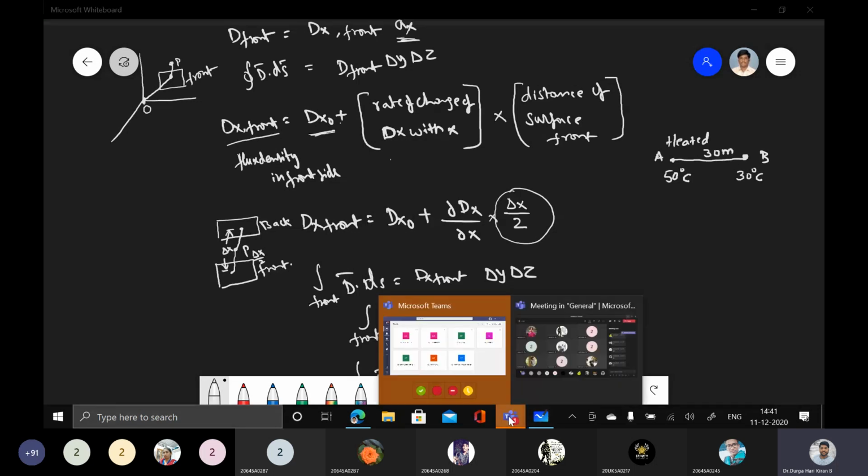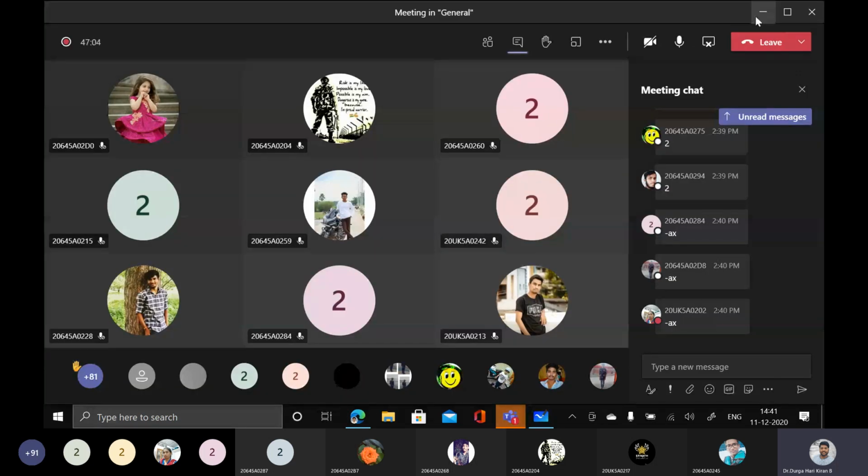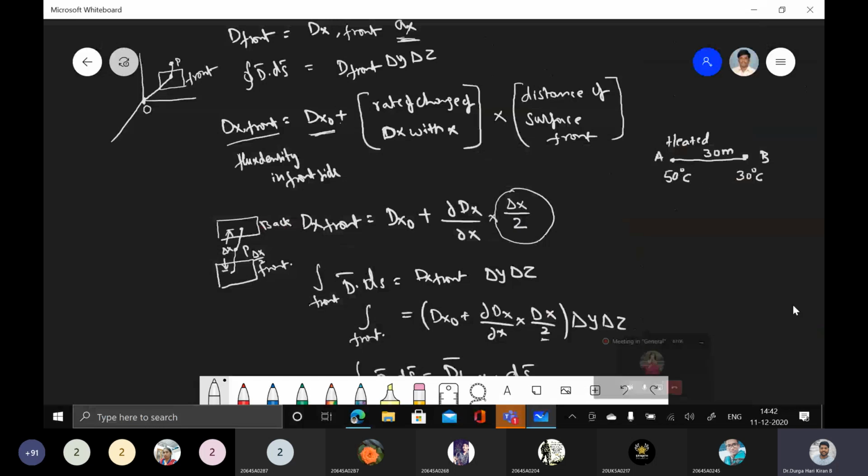The distance is 30 meters. Now what should I write? How much time did it take from here to here? Say it took 2 seconds. So the rate of change of temperature from 50 to 30 degrees Celsius is the rate of this change. Delta T is the change between these temperatures multiplied by the speed, 30 meters per 2 seconds.